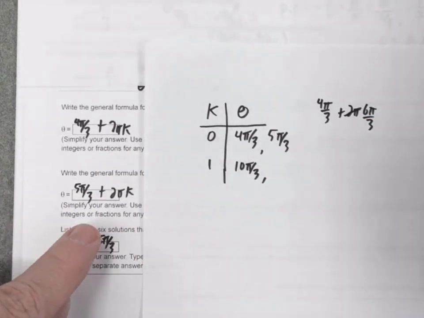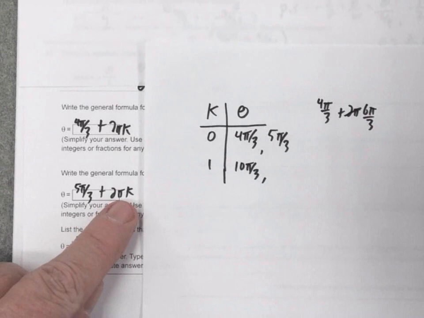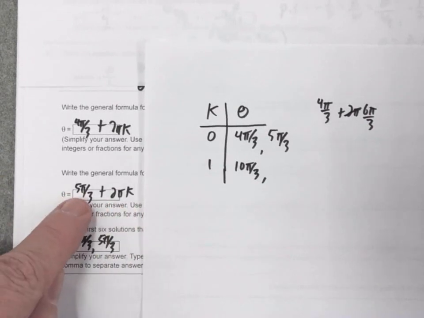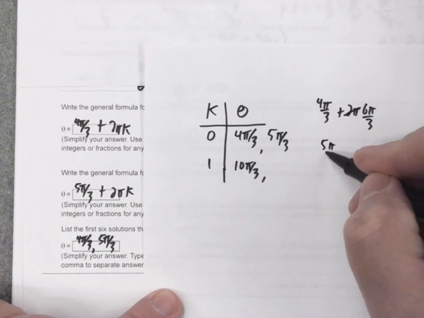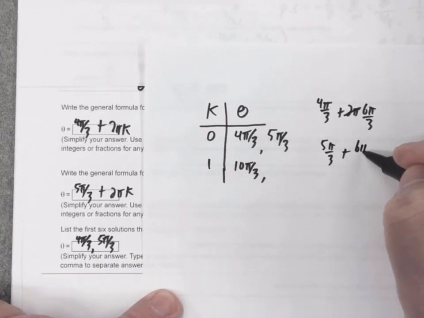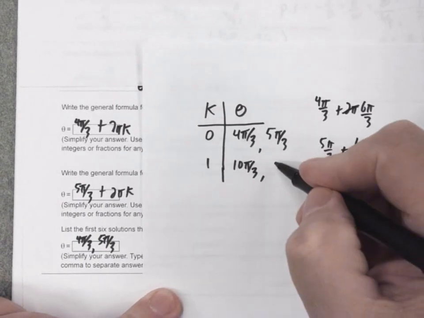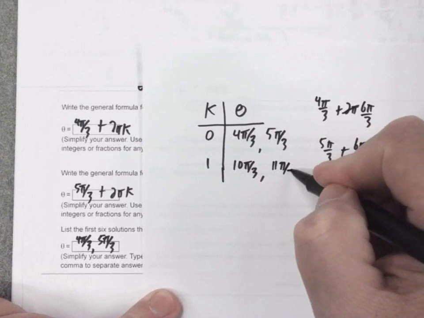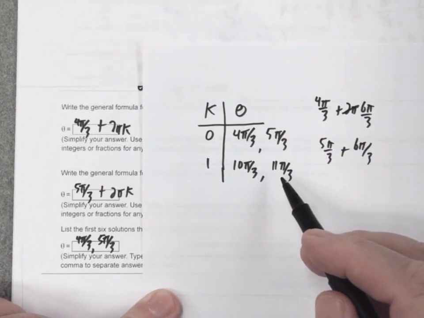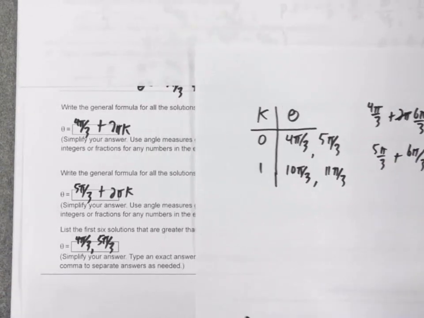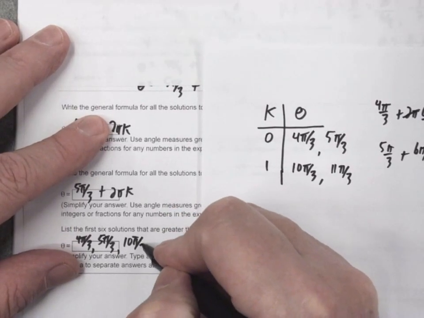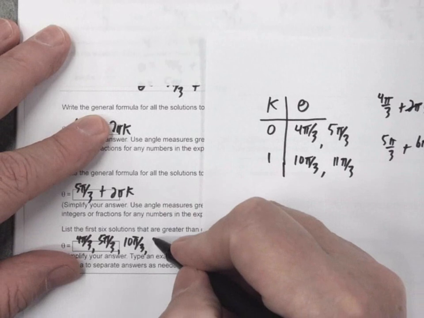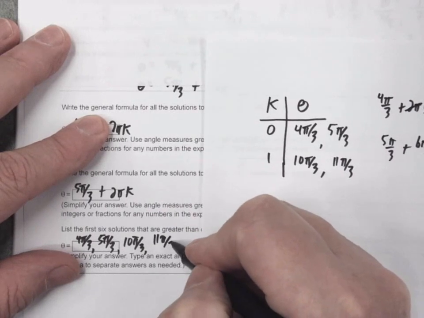And if I plug in 1 for this k, I get 5 pi over 3 plus 2 pi, which is going to be 5 pi over 3 plus 6 pi over 3. That's 11 pi over 3. So now here are my next 2 solutions. 10 pi over 3 and 11 pi over 3.